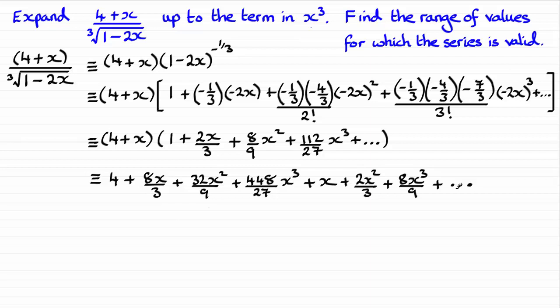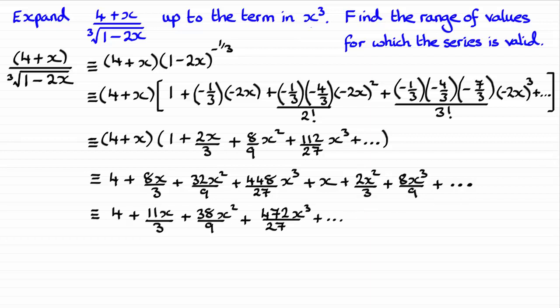You'll notice that I haven't done x times the x cubed term here, because it's going to obviously lead to an x to the power 4 term, and we don't need that, so that particular multiplication was left out. So all I need to do now is just group up like terms, simplify it, and you should end up with this result here.